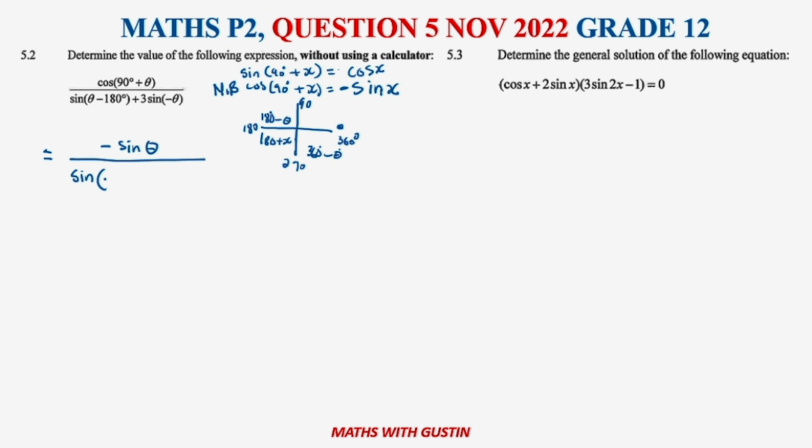Sine, you're going to take out a negative here, then you are going to be left with 180, because now the 180 here is going to be positive. You're going to be left with 180 minus theta. So that when you multiply out with the negative, it will go back here. Can you see that? Good stuff, guys. And then plus here, you just have to multiply out with this negative that is on the theta.